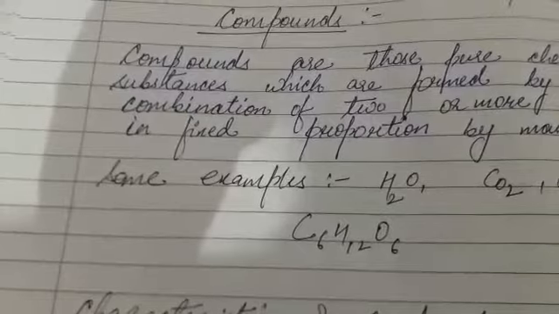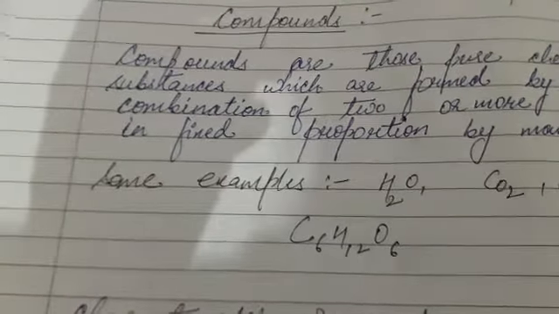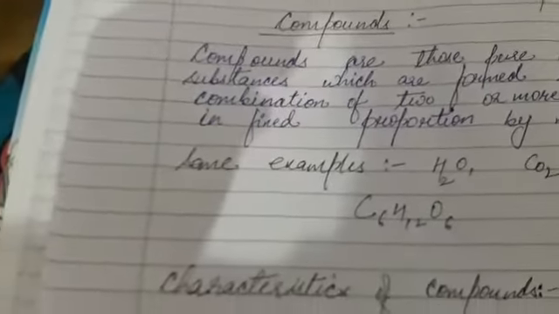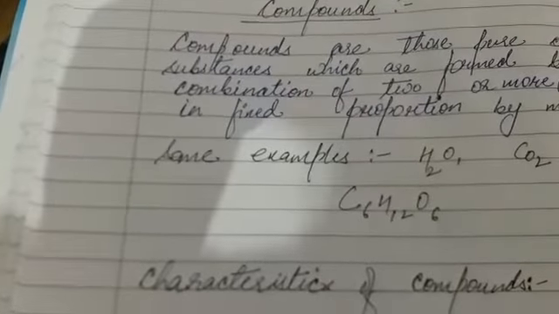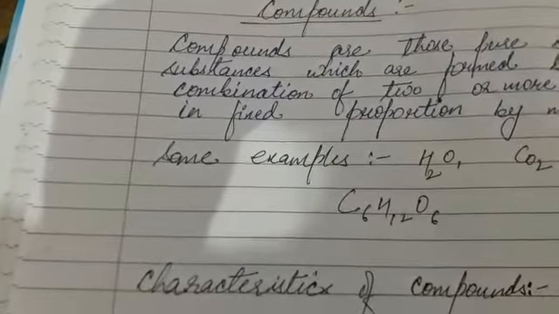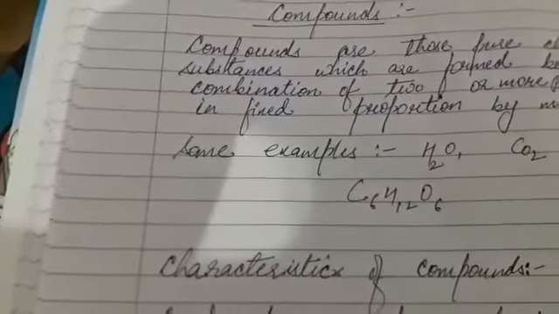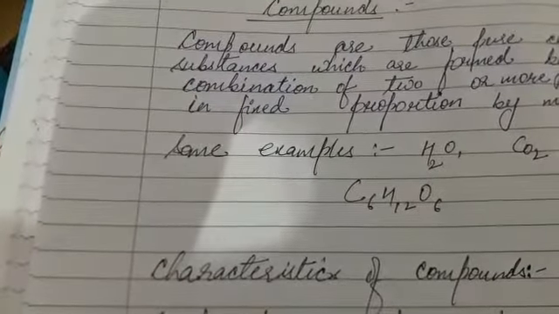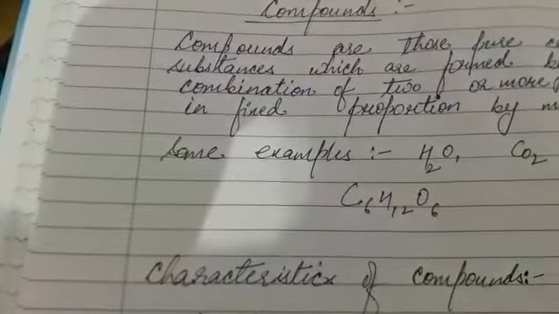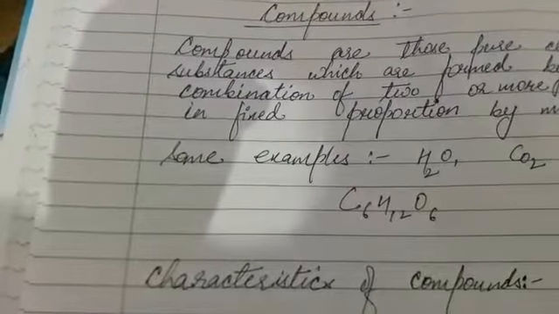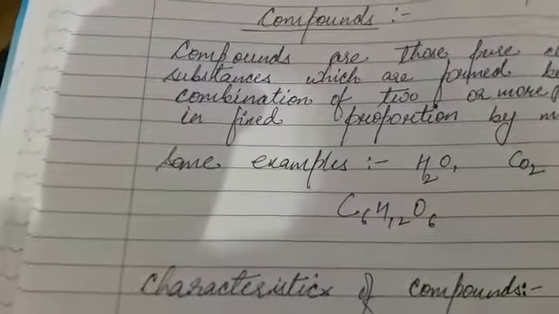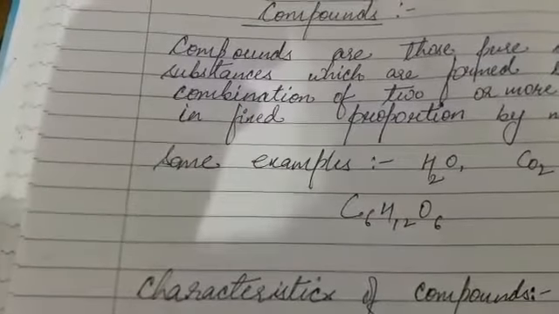Most of the organic compounds are obtained from living beings, and some examples of organic compounds are acetic acid, protein, some enzymes, whereas inorganic compounds are generally obtained from non-living sources, that is rock, mineral, etc.